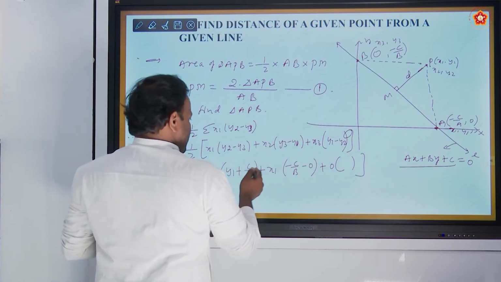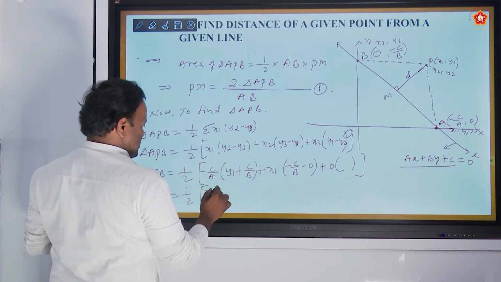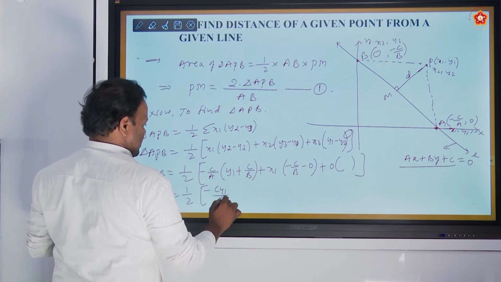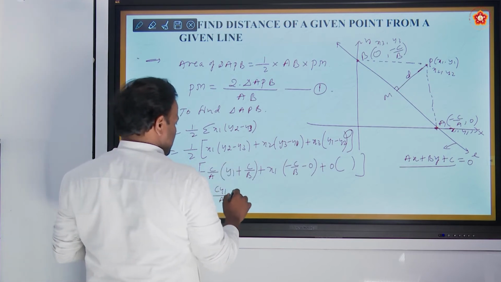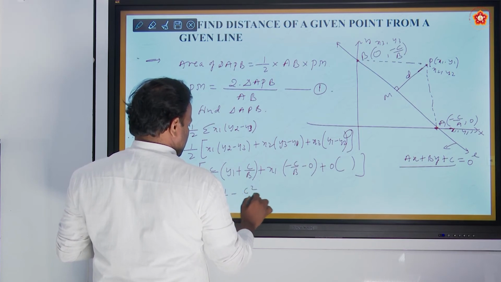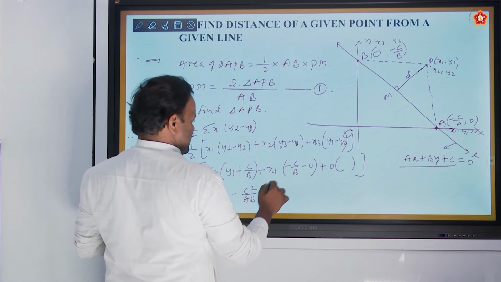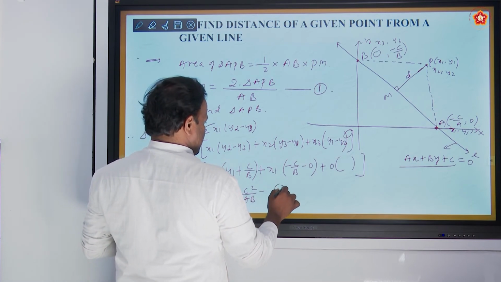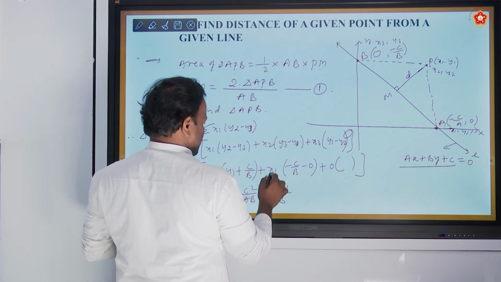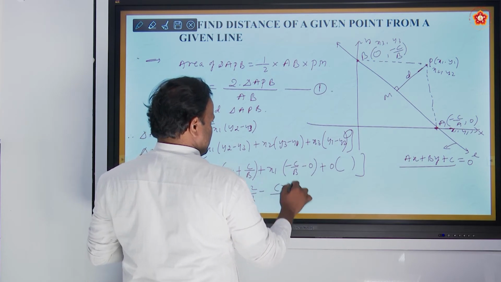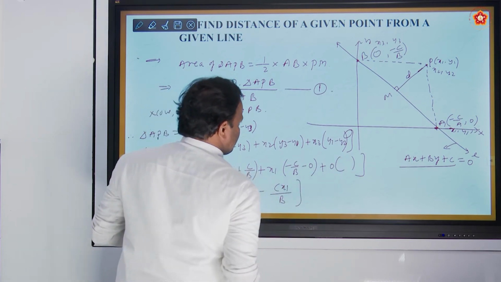Multiply this minus c by a: minus c y1 by a. See carefully how to multiply this one. Minus c into c, c square by ab. Correct? Then minus c x1 by b. This is 0. This complete becomes 0.